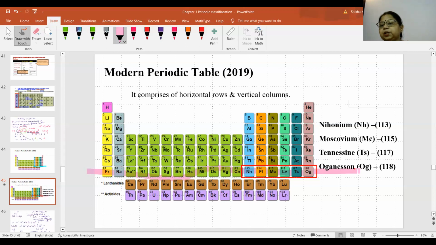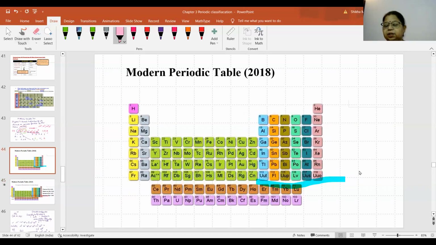It was supposed to be incomplete because all elements were not discovered earlier. But now the periodic table is complete till the seventh period. Even if the book says it is incomplete, please understand the book has data which was correct till the year 2018 only, when these four elements were not discovered.